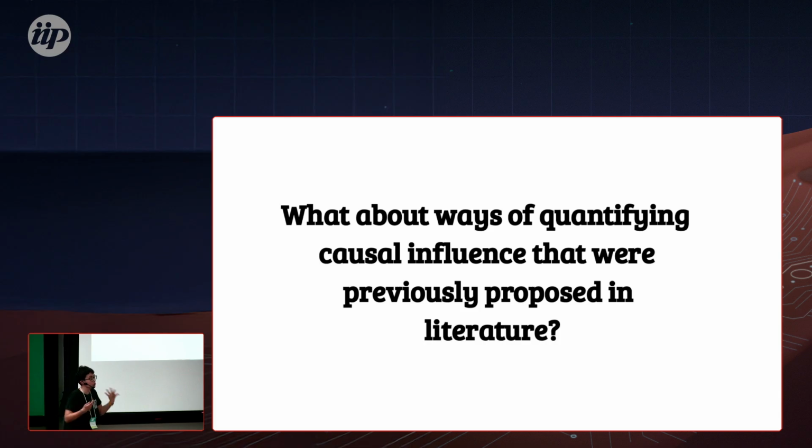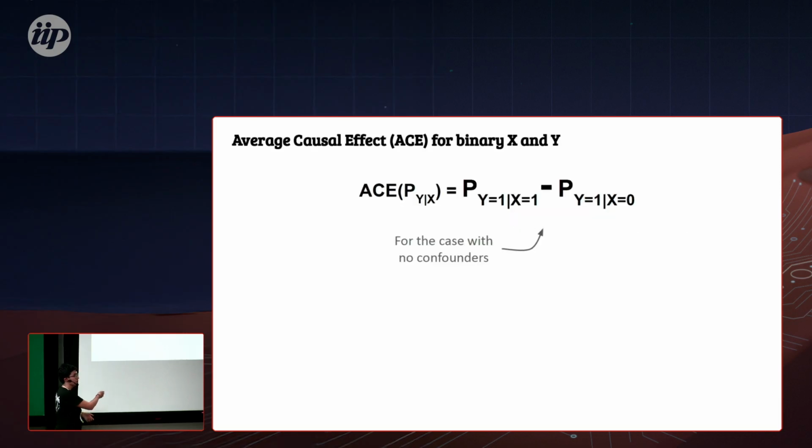So I'm going to talk about something called the average causal effect, that people use a lot in the causal inference literature. Here, I'm only in the case where I have x pointing to y, and I don't have any common causes between x and y. I don't have any confounders. In this special case where you don't have any confounders, the average causal effect is just the probability that y equals 1 when x equals 1, minus the probability that y equals 1 when x equals 0.